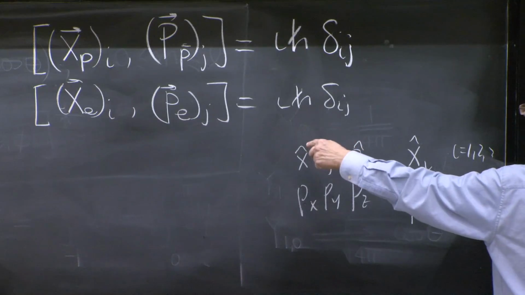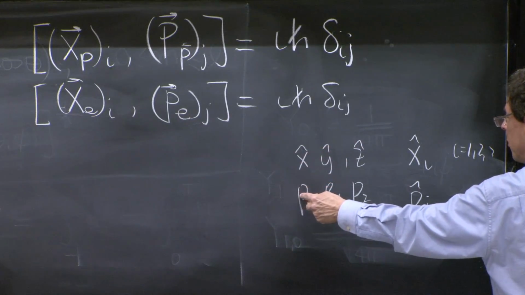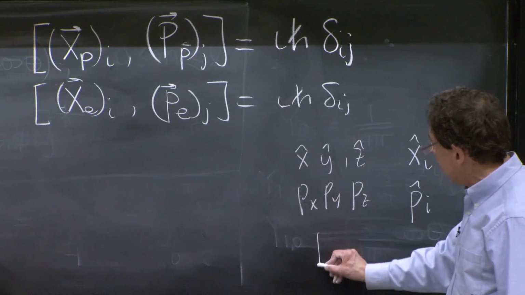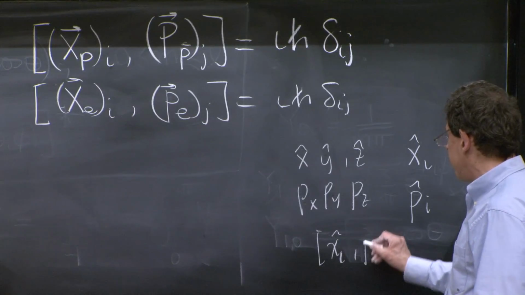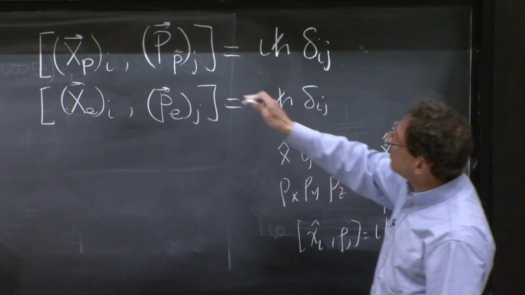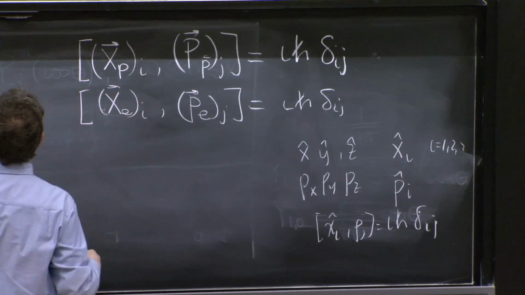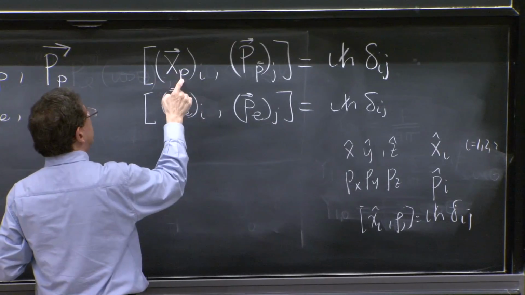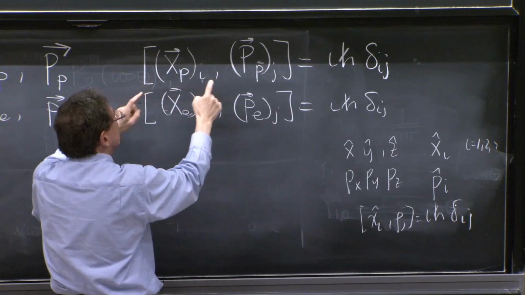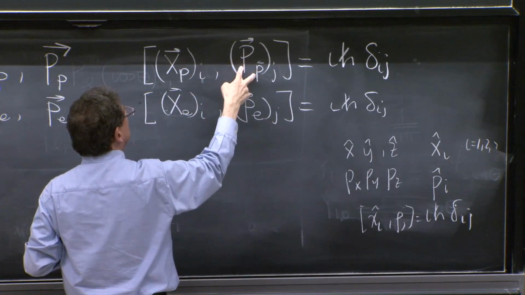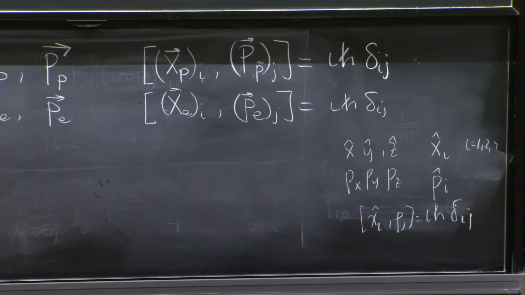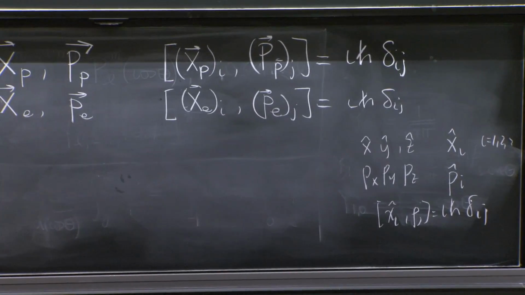Then the fact that x fails to commute with px, y fails to commute with py, and z fails to commute with pz is [x_i, p_j] equal i h bar delta ij. And this is what I'm saying here with this notation because there are too many subscripts. There's a p for proton, but there's an i for the first, second, and third component. And there's the momentum of the proton, which has 1, 2, 3 components. So those are our dynamical variables.